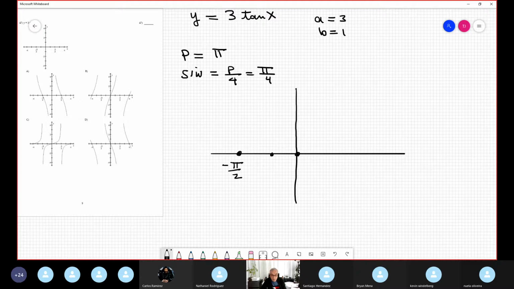We have here now negative pi over 4, because the interval is pi over 4. So negative pi over 2 plus pi over 4 is negative pi over 4. Negative pi over 4 plus pi over 4 is 0. 0 plus pi over 4 is pi over 4. And pi over 4 plus pi over 4 is pi over 2. I know that at pi over 2, we have vertical asymptotes, because at pi over 2, the tangent is undefined. And I know that tangent of 0 is 0. And I know that tangent of pi over 4, which is 45 degrees, is 1. So that point is 1.